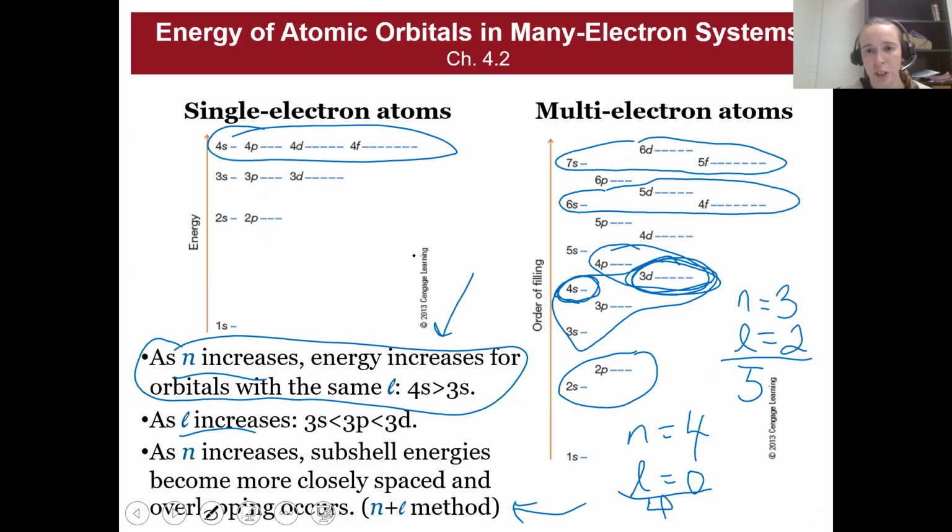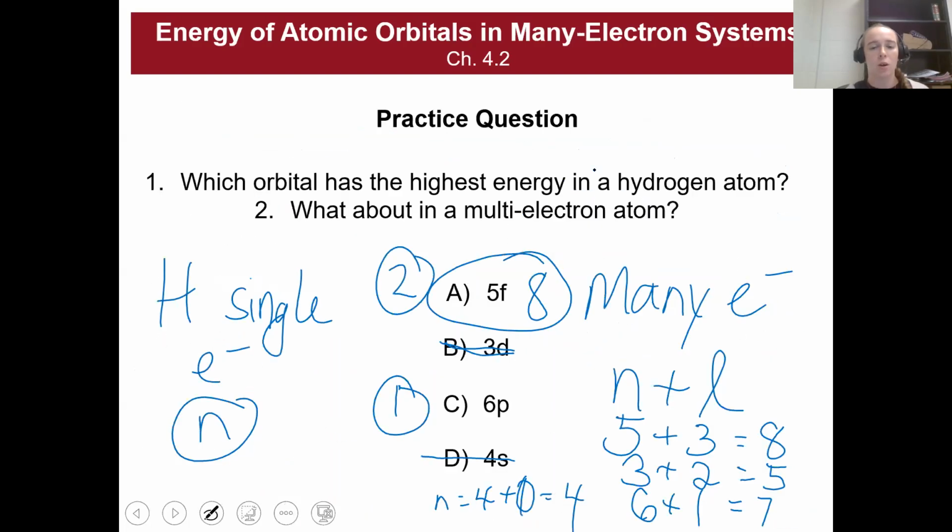We can go back here and check and see that our 5F is up here and our 6P is a little bit lower. If energy is increasing as we go up these energy levels, then we got it right. Cool. All right, I'm going to stop here and then start a new video for the rest of chapter 4.2.